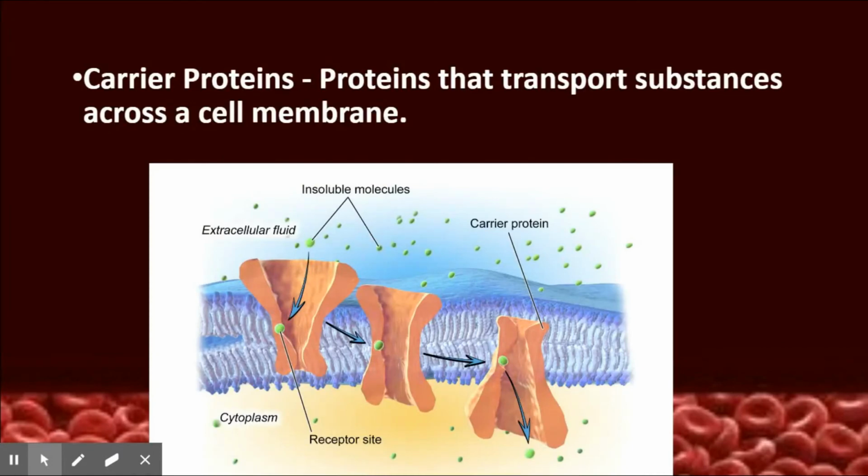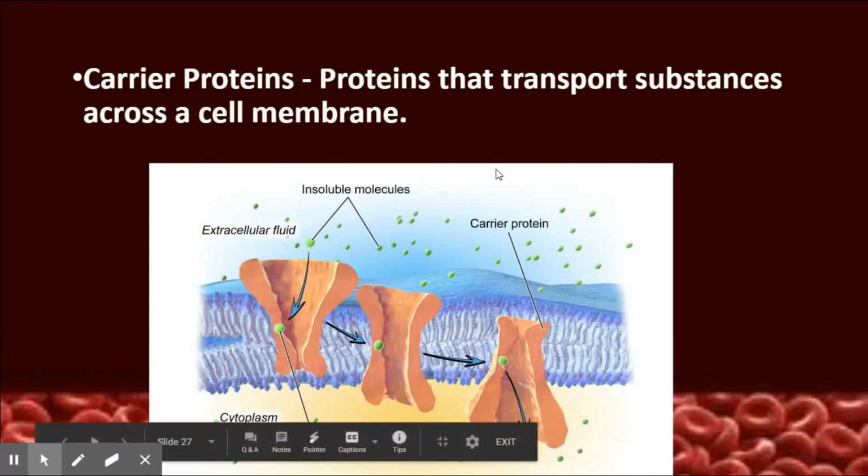So one thing that can help is called a carrier protein. And so we're going to have these proteins that are located in the cell wall that are like passageways. And so they can transport those substances that may not be able to fit through the cell wall by themselves.